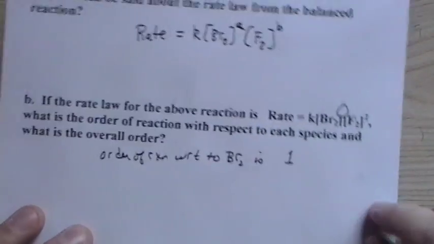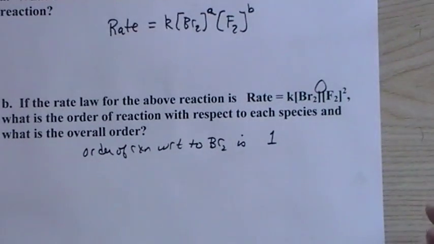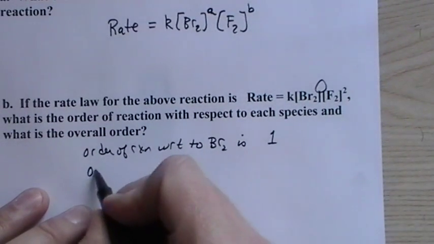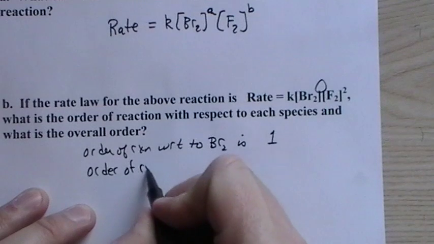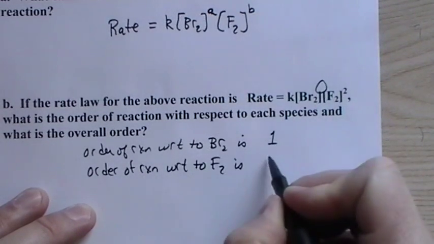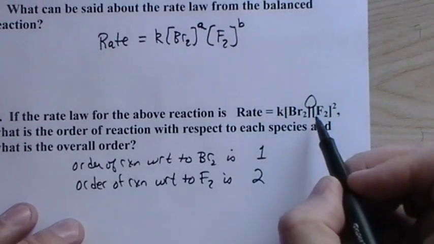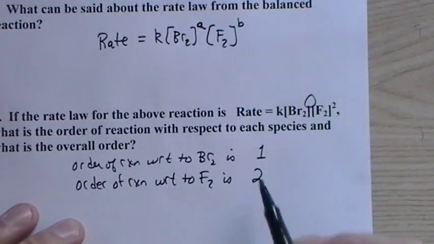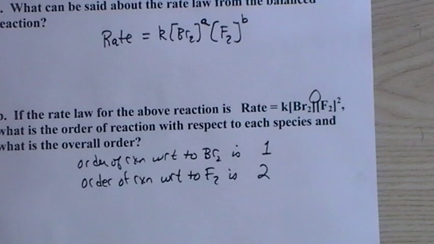Now this one, since we have the rate law, we can read that directly off. The order of reaction with respect to fluorine is 2. So if they don't show a number here, then we just assume it's a 1. And that's it. This is the easiest problem in the whole course.